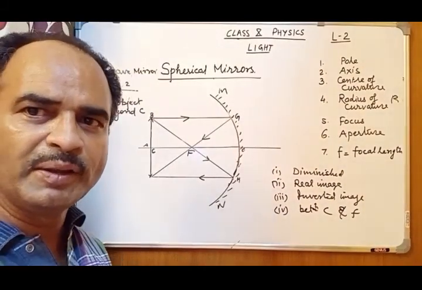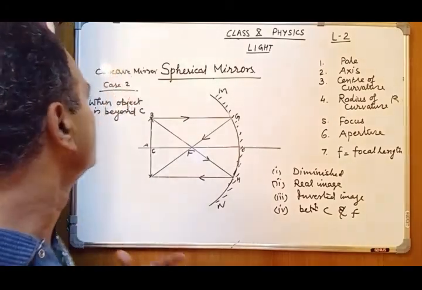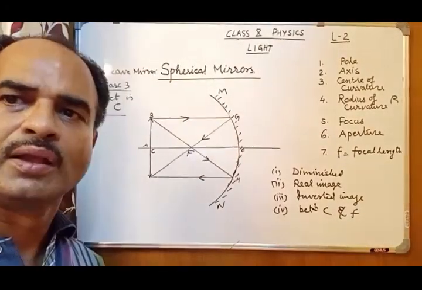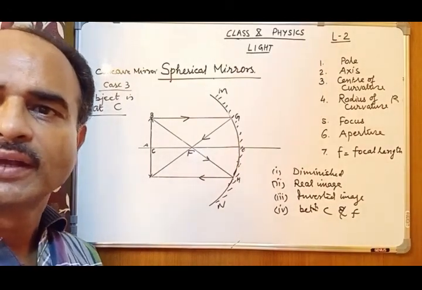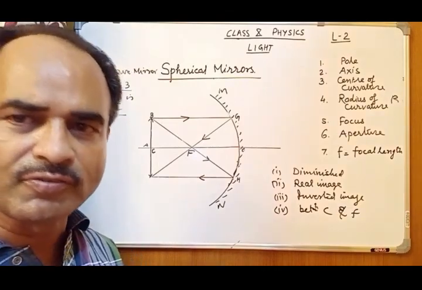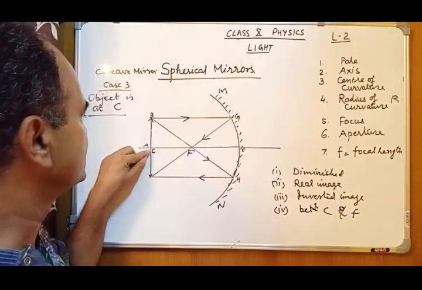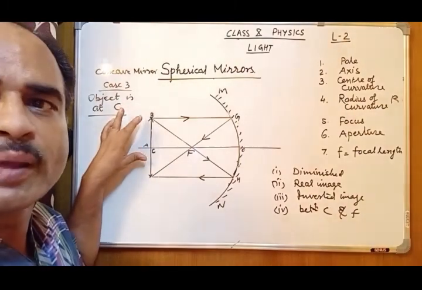This is a very particular and very special case in which the object is placed at the center of curvature. Like this is the center of curvature, now the object is placed here. What will happen?